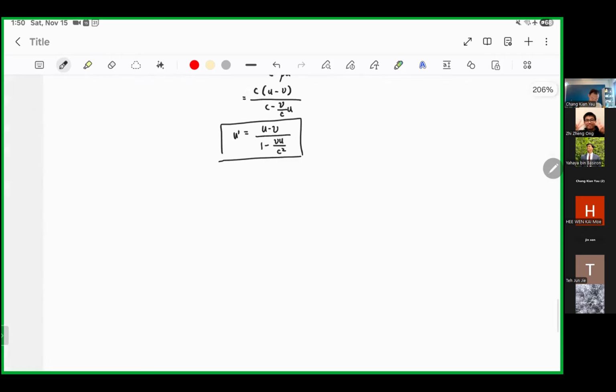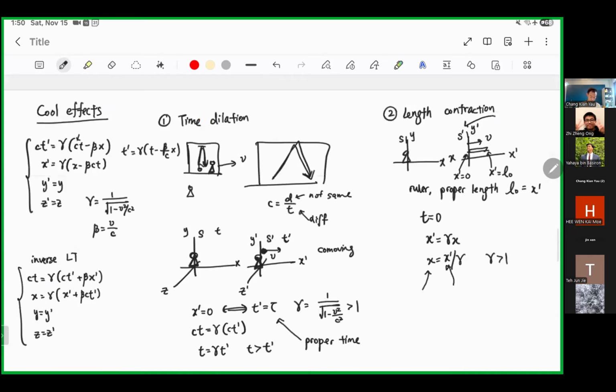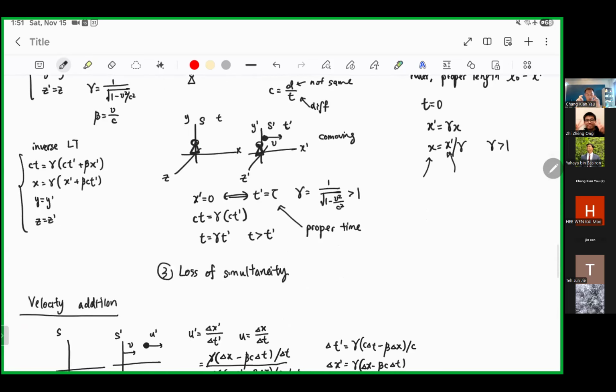Okay, we can continue and talk about space-time, I guess. What we're seeing here is these Lorentz transformations, and because time in one frame is different from time in another frame.